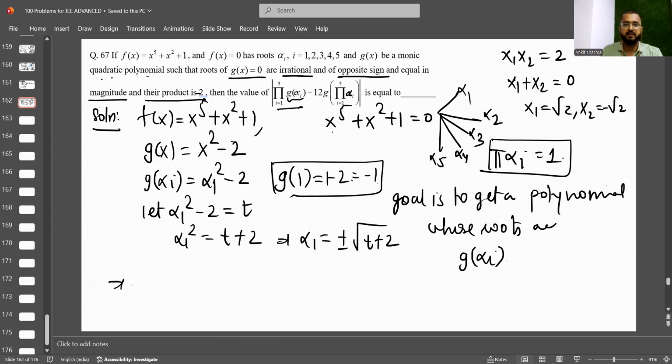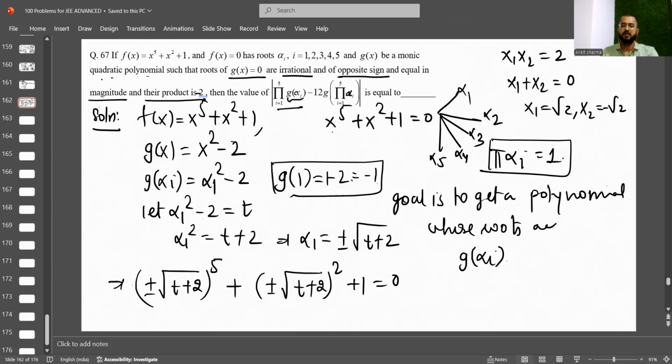So I'll have plus or minus square root of t plus 2 to the power 5 plus plus or minus square root of t plus 2 to the power 2 plus 1 equal to 0. So we need to get the polynomial in t, and all I need is just the product, because this entire thing is t, and this entire thing is nothing but g of alpha I. So t is nothing but g of alpha I if you see carefully.